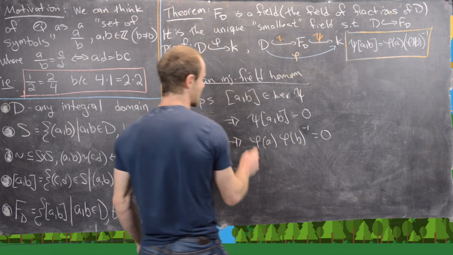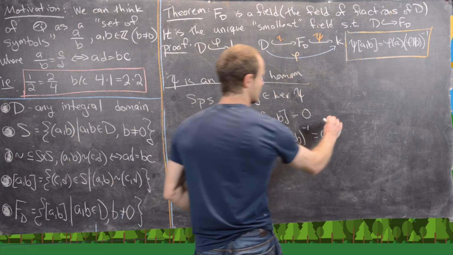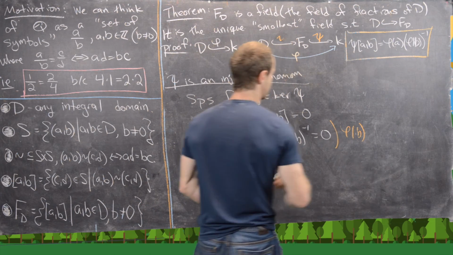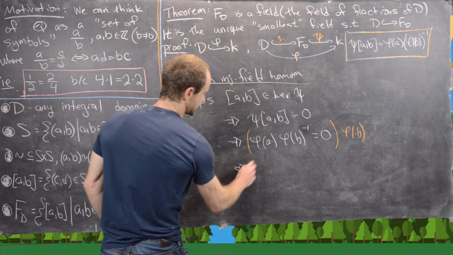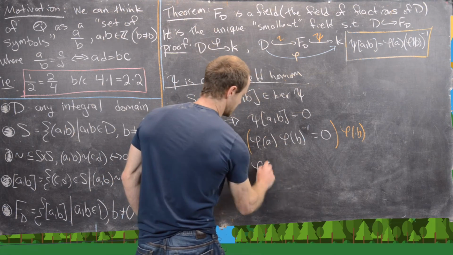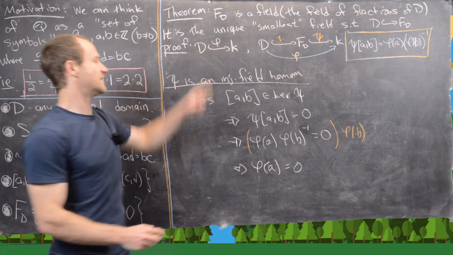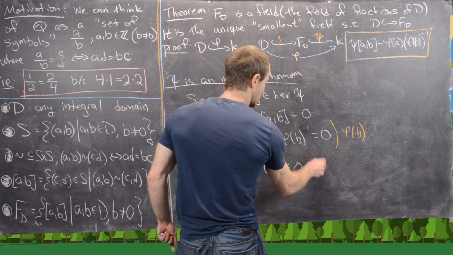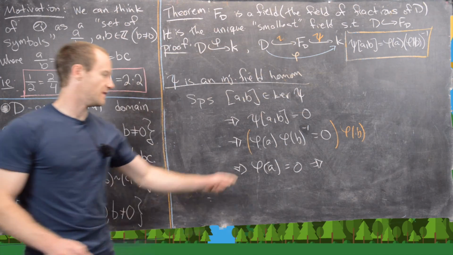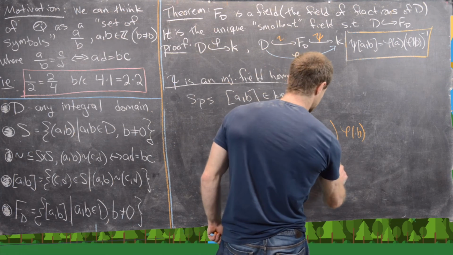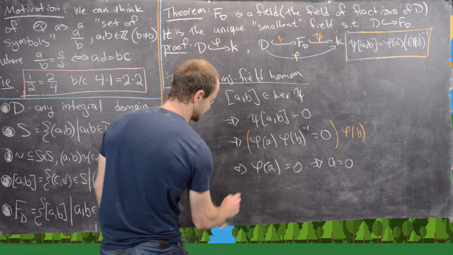So that means we can multiply by phi of B, and that gives us phi of A equals 0. But then again, like I said, phi is injective, which means that the kernel is trivial. In other words, A equals 0.